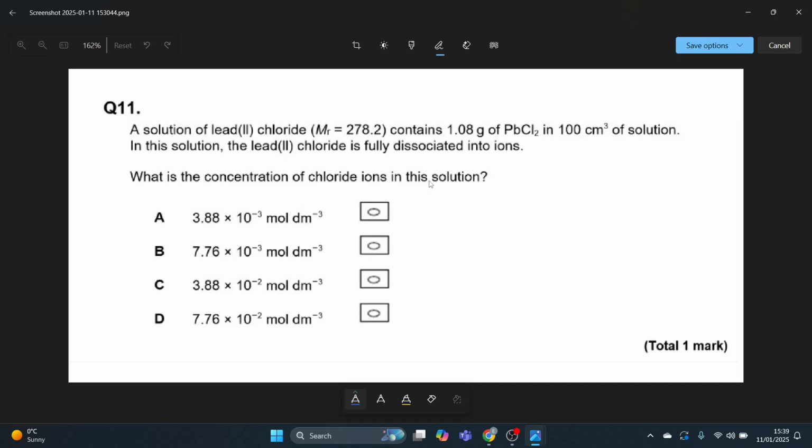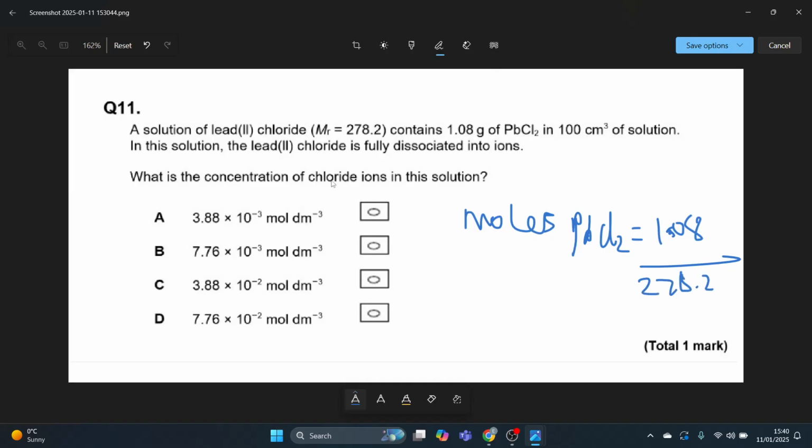A student of lead chloride, MR of that can be this much of that, 100 centimeters cubed of that. So we find out the moles of PbCl2: mass over MR. I want to find the concentration of chloride ions. Well, moles equals concentration times volume.